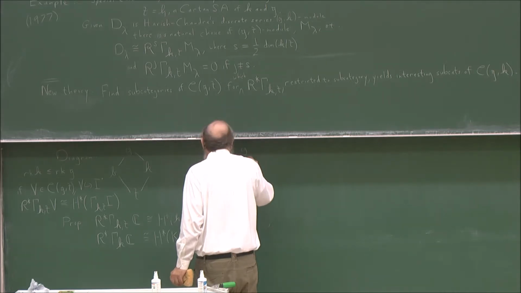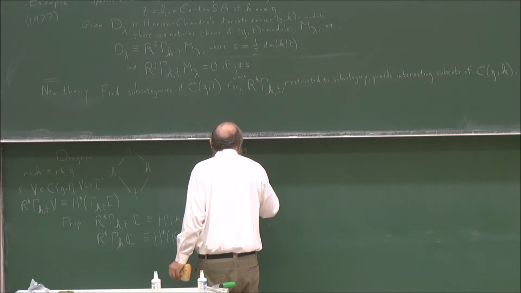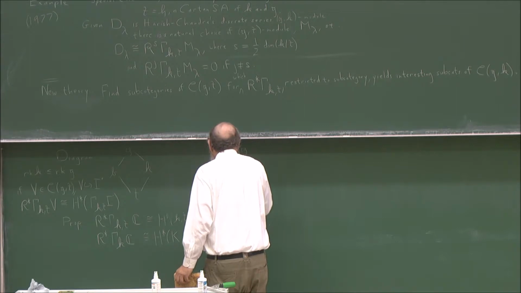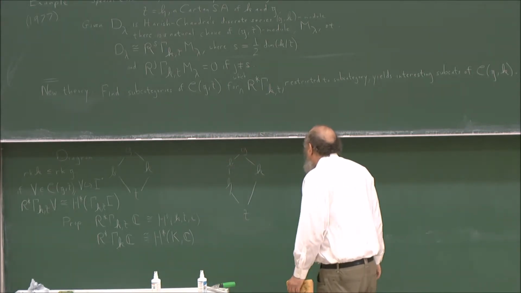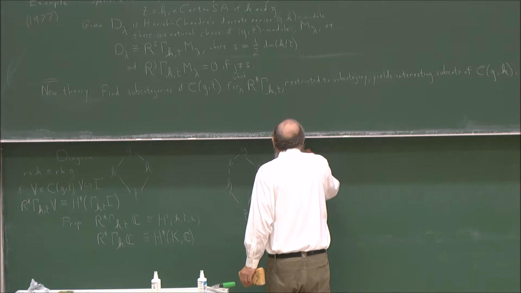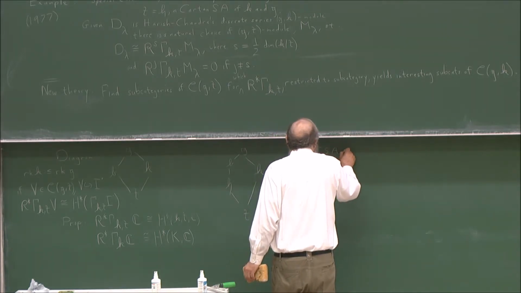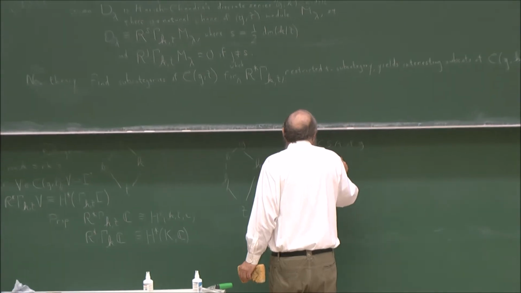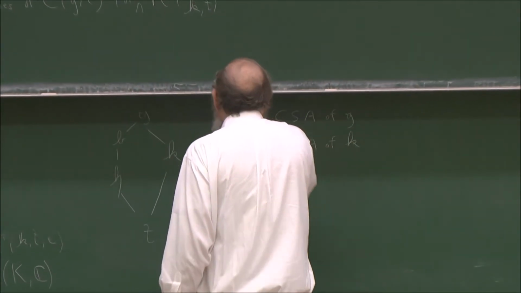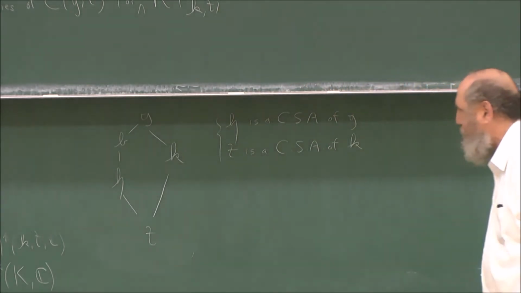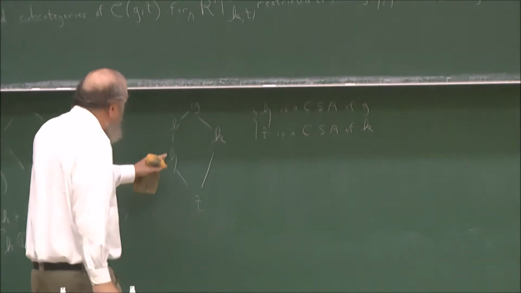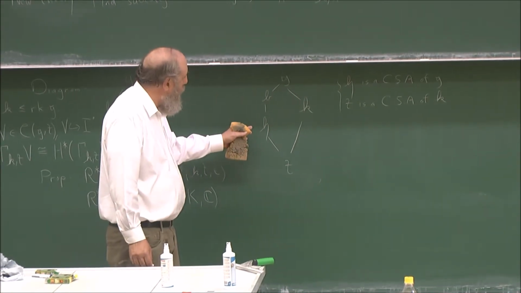Should really write G and K contains T, and then in this picture H is the Cartan subalgebra of G containing T. T is the Cartan subalgebra of K, as I said before. So there's some flexibility here.